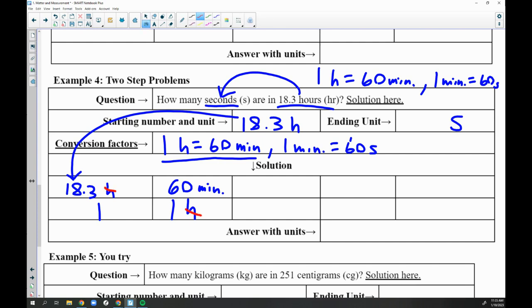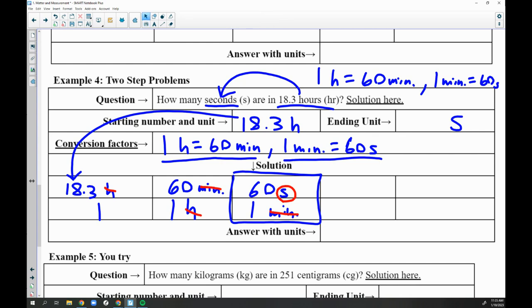Now I've converted to minutes, so I'm just going to keep multiplying. Now I'm going to use this conversion factor to convert from minutes to seconds. And what goes on the bottom here? Minutes goes on bottom, 1 minute specifically, and 60 seconds on top. That enables me to now cancel out minutes, and it leaves me with units of seconds, which is the goal.